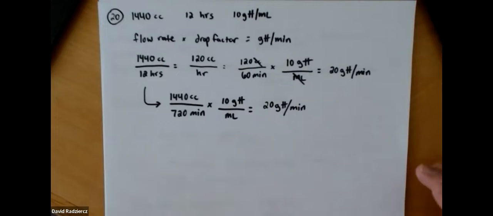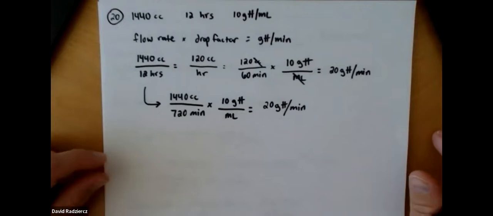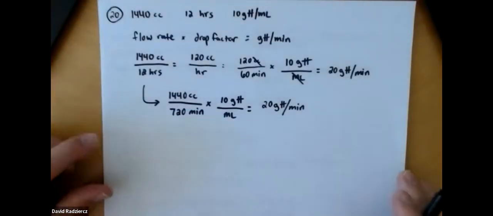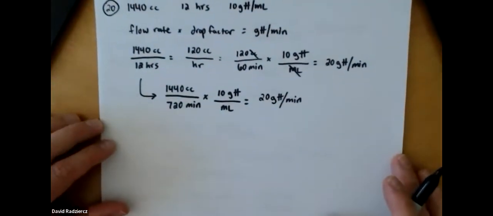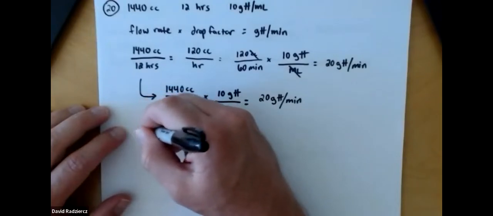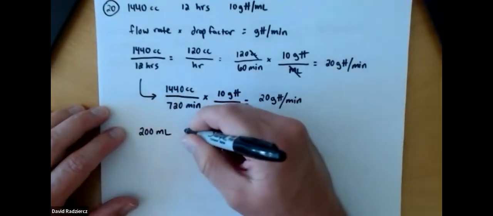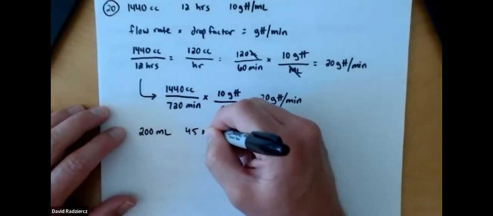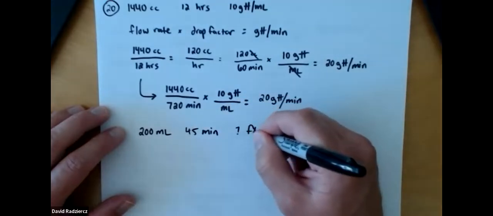Now, another question that's similar to 17, I'm going to make one up because this is where nursing students get hung up on what to do. Let's say 200 milliliters is infusing over 45 minutes. And they ask you, what is the flow rate?